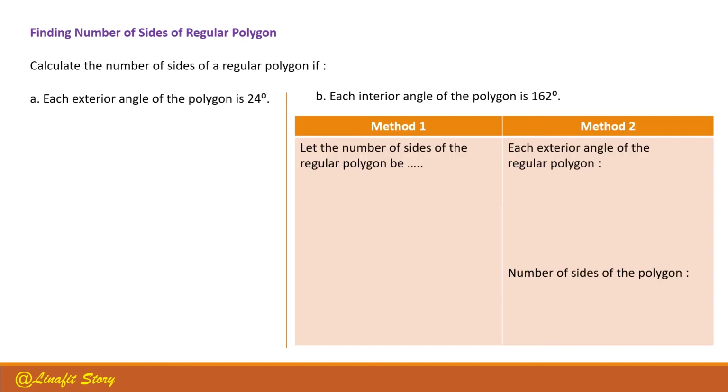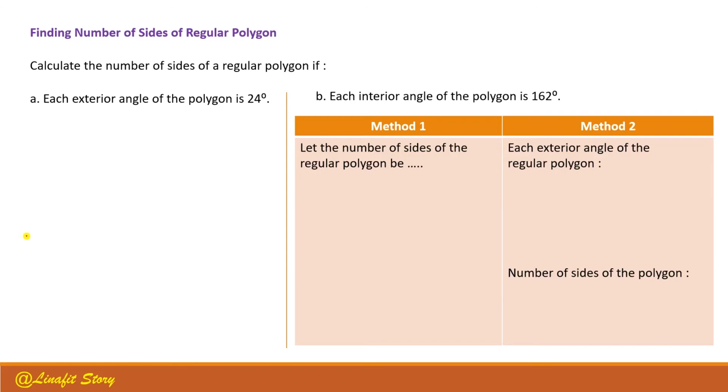Finding the number of sides of a regular polygon. Calculate the number of sides of a regular polygon if each exterior angle of the polygon is 24 degrees, and then if each interior angle of the polygon is 162 degrees. Now we will find question A. The sum of exterior angles of any polygon is equal to 360 degrees.